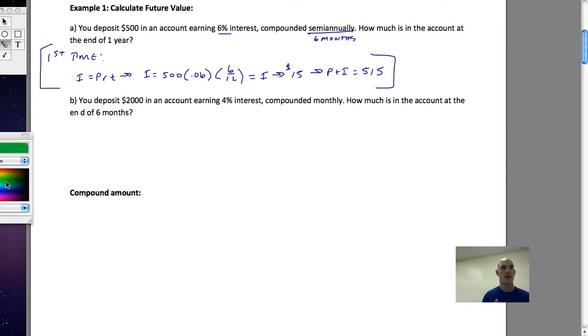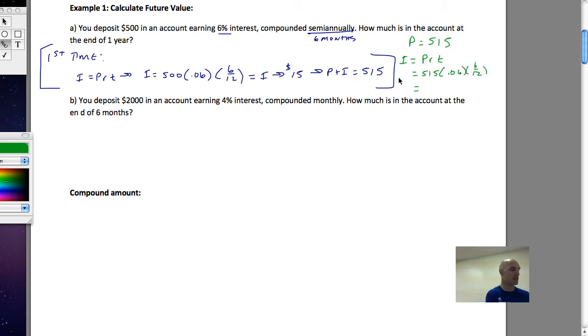The second time, we take P equals 515, because remember, this is compounding. And so the next time we have interest equals PRT, and it equals 515 times our rate, which is still the same, 0.06, and our time period is still that 6 over 12.